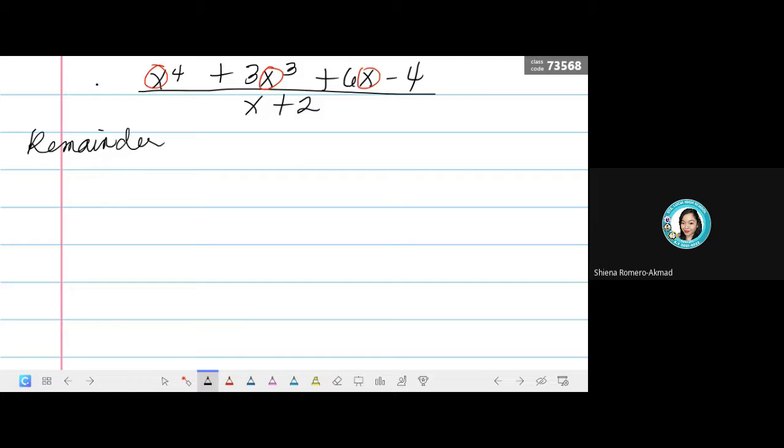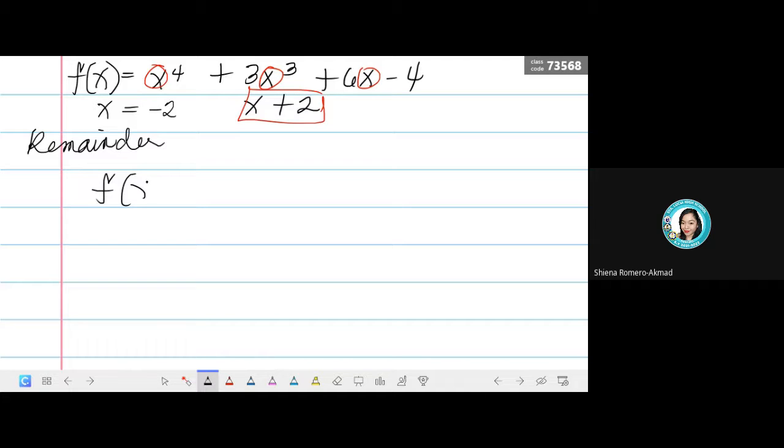So we can say that this will be our function, and this will be the given, si x plus 2. So kung x plus 2 yan, ang magiging variable x natin ay negative 2. So magsa-substitute lang tayo dyan.